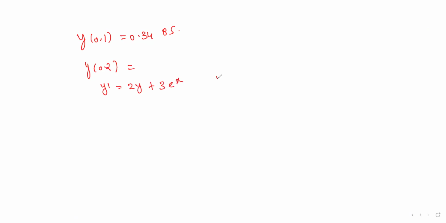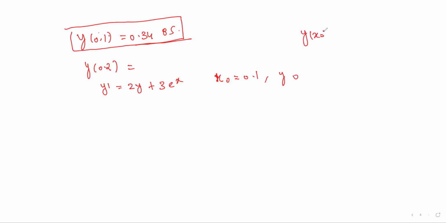But here the initial point that you have to assume is x naught equal to 0.1, and y naught, which you got as y of 0.1, that means y of x naught is equal to y naught. So x naught is 0.1 and y naught will be equal to 0.3485. Just use these values.